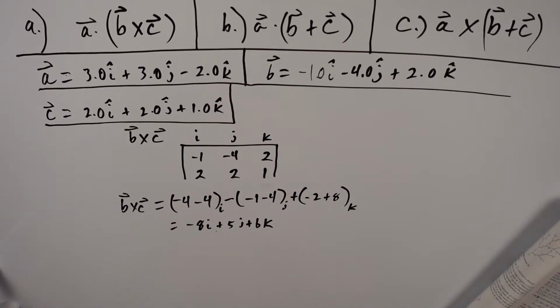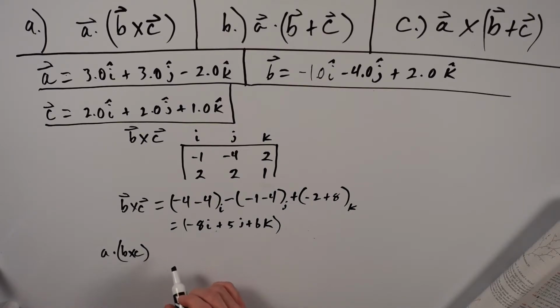Now you are going to dot this with A. Okay, so now we have B cross C, so we want to do A dotted with this. So then this is basically turning into scalar information.